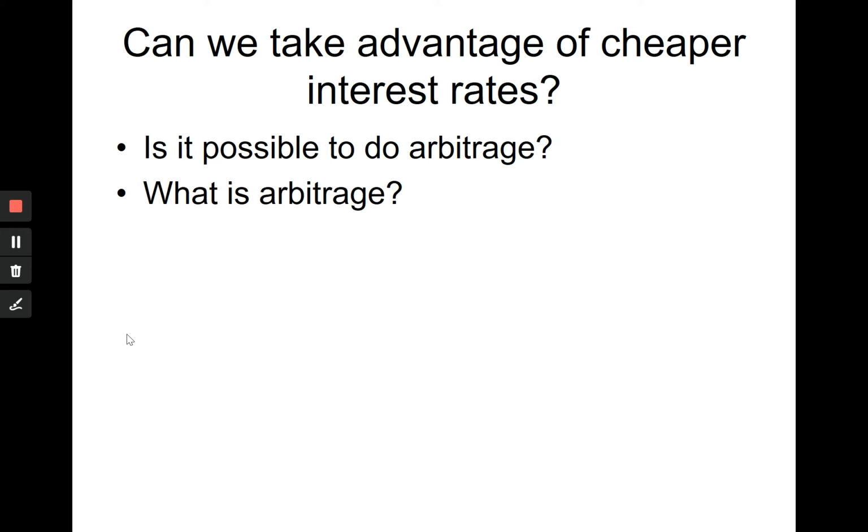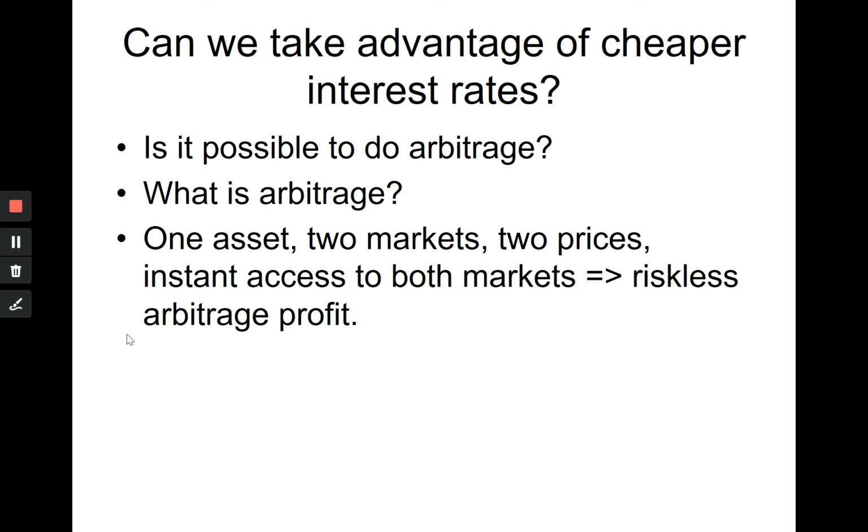We would like to purchase cheap and sell expensive simultaneously at a very short period of time, and we would have no business risk but execution risk. Usually that's enough: 1 asset, 2 markets, 2 prices, instant access to both markets, riskless arbitrage profit. Riskless means business risk is not there, but there is execution risk, and the exam may ask you to define execution risk.